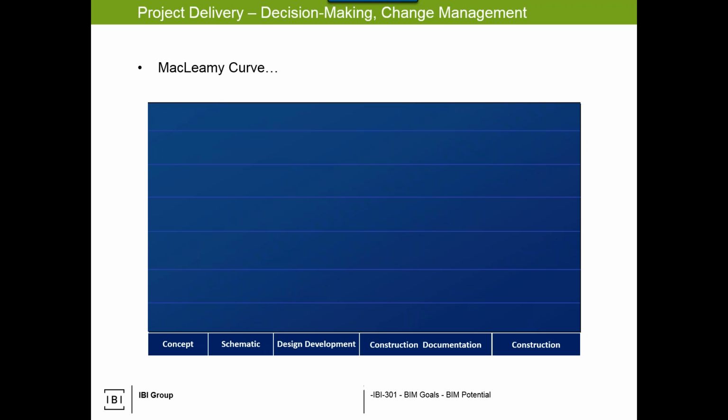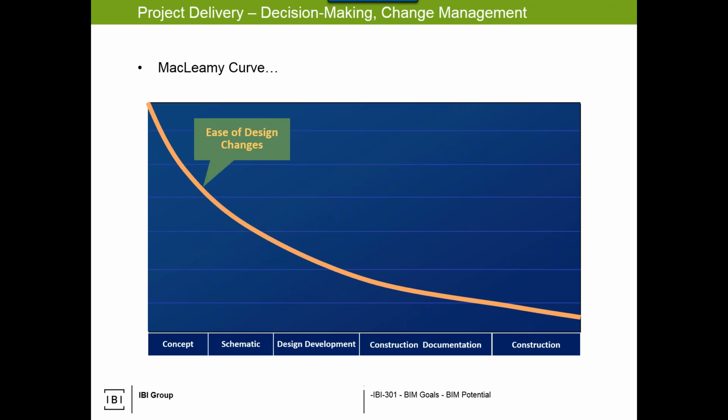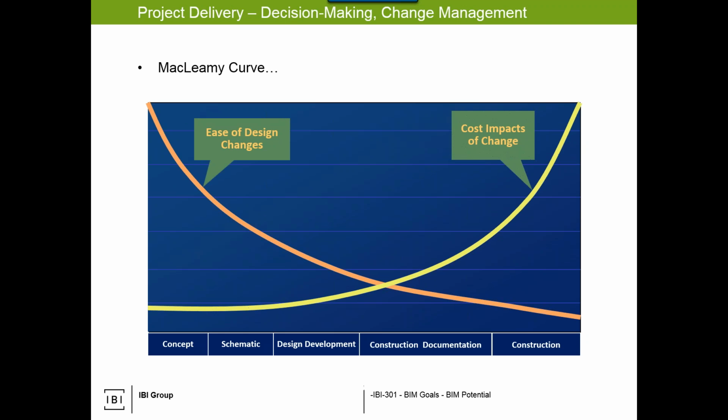So you've seen the MacLeamy curve before, I apologize, but this depicts, for me, an important concept: decision-making and change management. This applies for project management as a whole, but we all know it's easier and cheaper to make changes earlier on and much harder later. For example, in construction, I've already poured the wall, can we move the wall now?